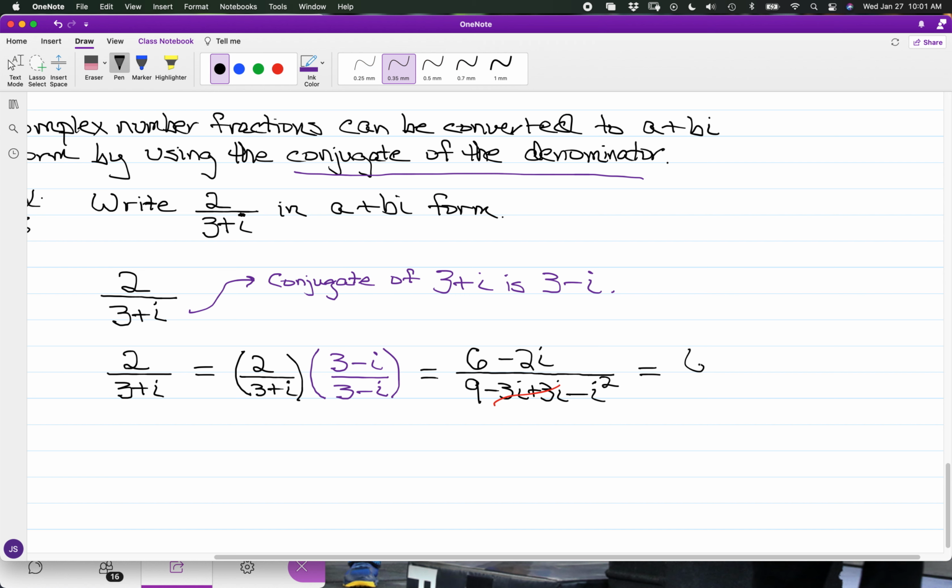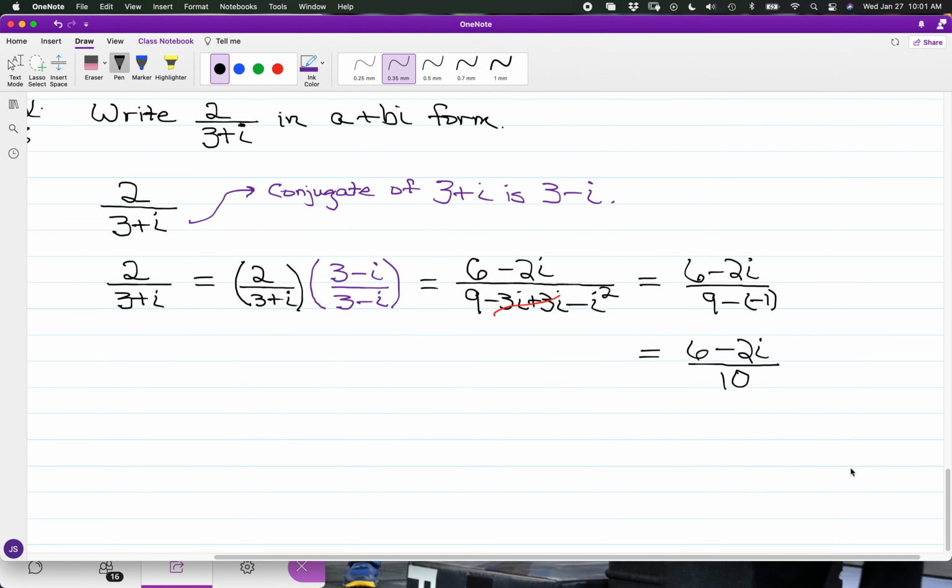Okay, so you have 6 minus 2i, and have 9 minus. Okay, now i squared is negative 1, and subtraction of a negative will revert to addition of the positive. So we have 6 minus 2i over 9 minus negative 1, which becomes 9 plus 1, which is going to be 10.